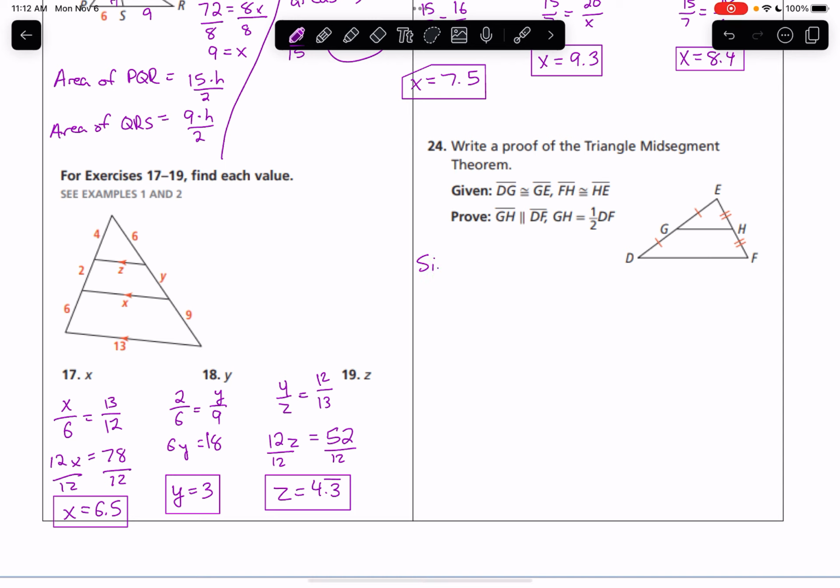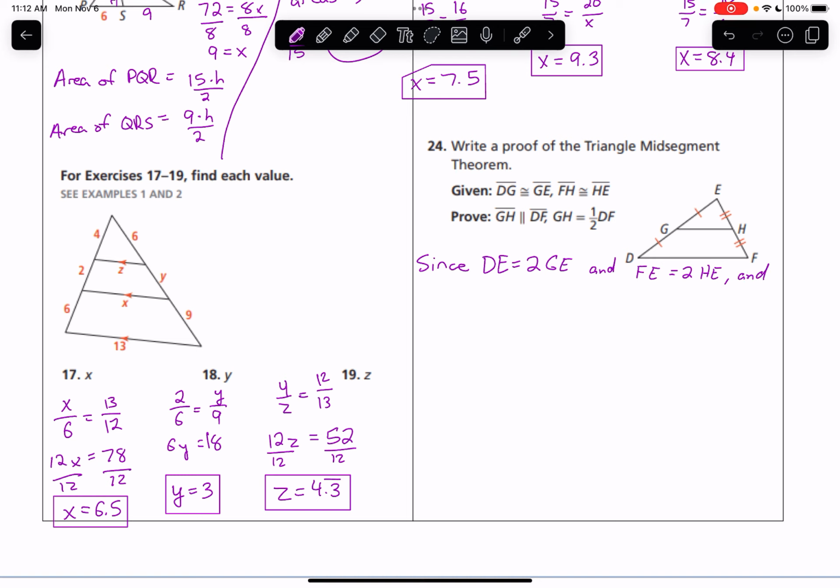I can say since I know that DE is twice as long as GE, and FE on the other side is equal to 2 times HE, twice as long as HE. And I know an angle, right?